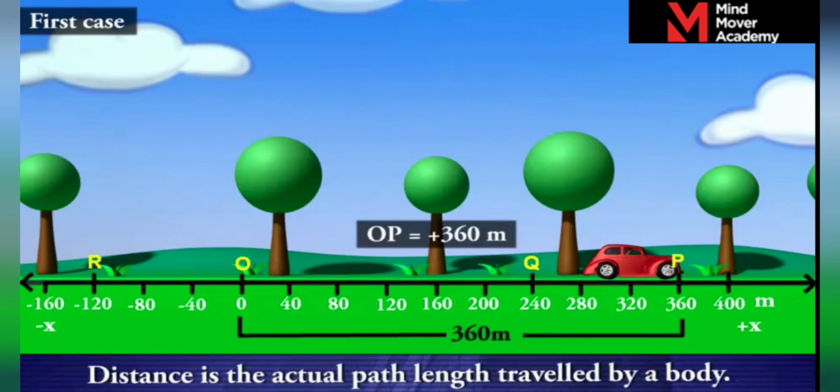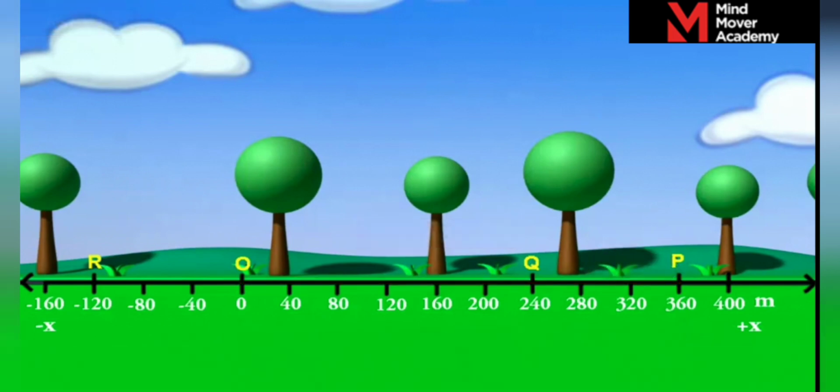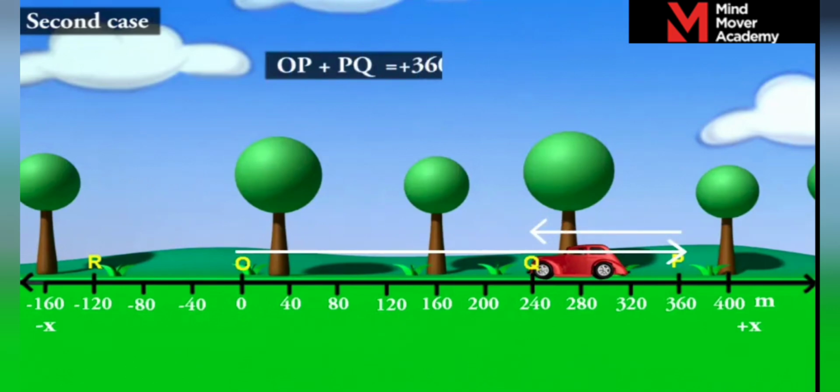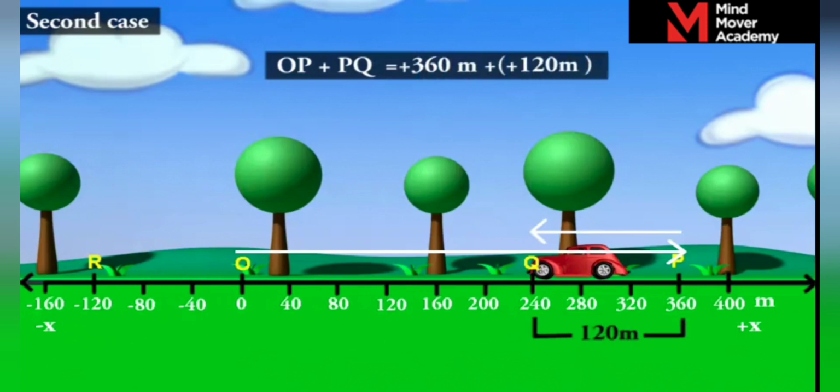Distance is the actual path length traveled by a body. In the second case, the car moves from O to P and then back from P to Q. During this course of motion, the path length traversed is OP plus PQ equal to plus 360 meters plus 120 meters equal to plus 480 meters.